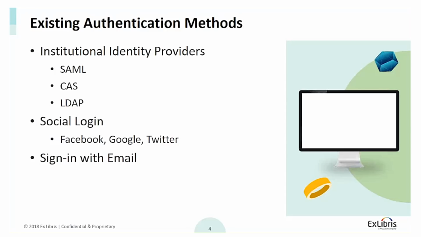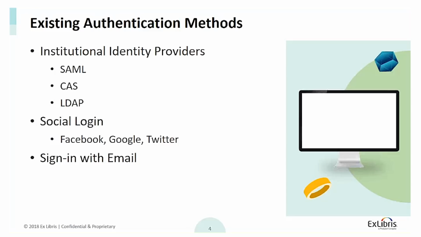They would not be located in any kind of institutional identity provider. And then, although it's a small number, we do have institutions that have no means of authentication at all, no institutional identity provider that can offer authentication services. And so our goal here is to be able to provide enough features to cover as many of those use cases as possible.